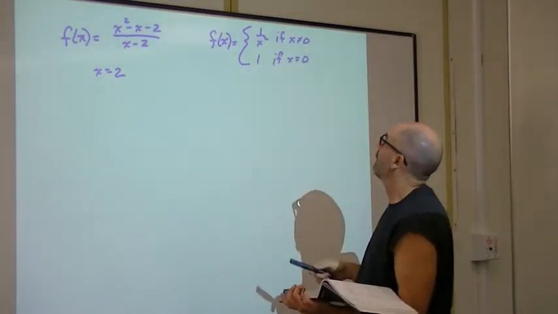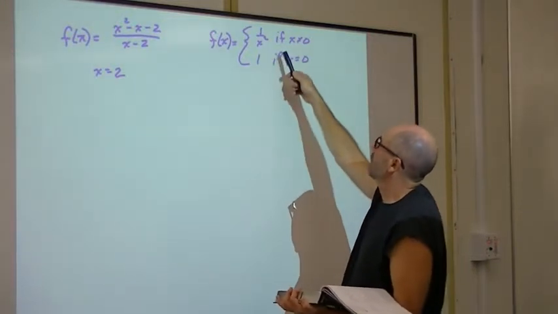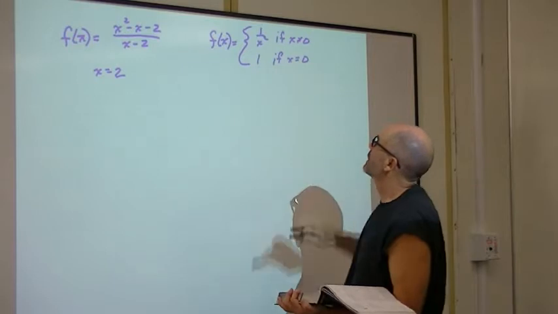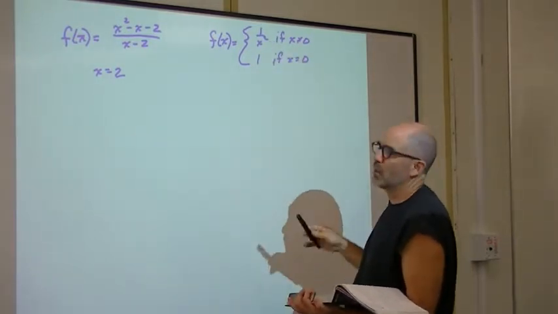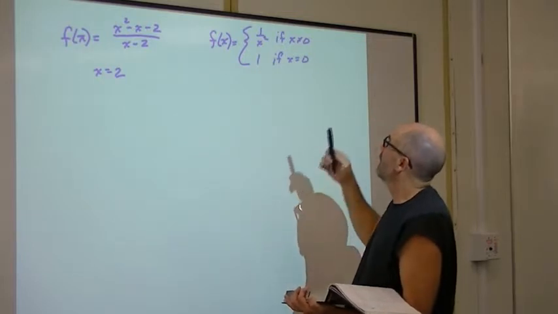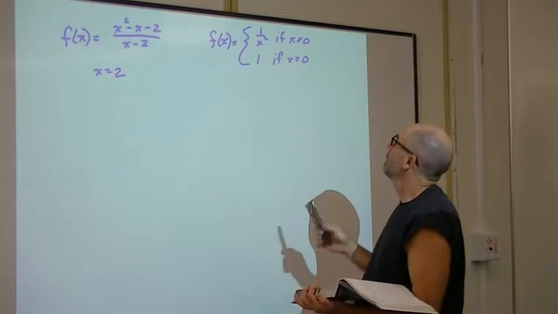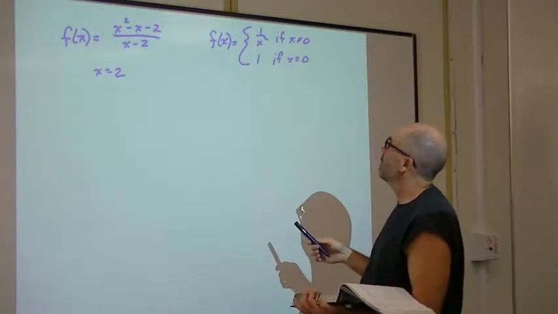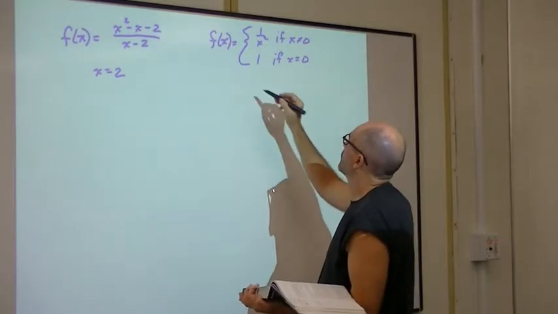It equals 1. And anywhere else, it's perfectly well defined. It's 1 over x squared, and 1 over x squared will be continuous as long as x does not equal 0.